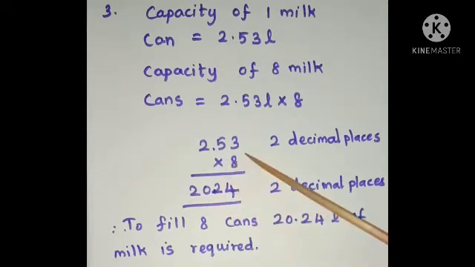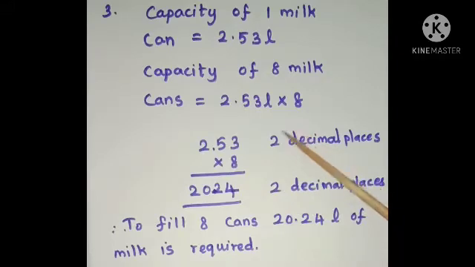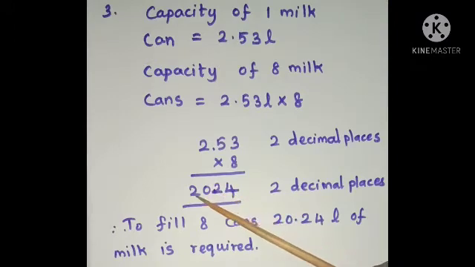First you have to multiply these values leaving the decimal point, and then 2 decimal places occur. Thus in the required value, you have to place the decimal point before 2 digits from ones place to left.